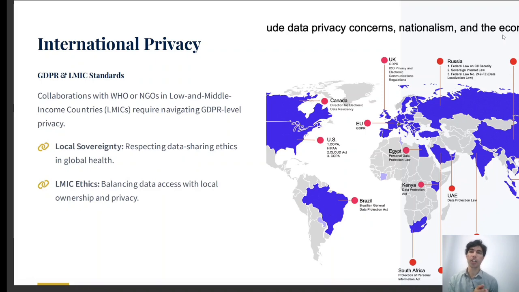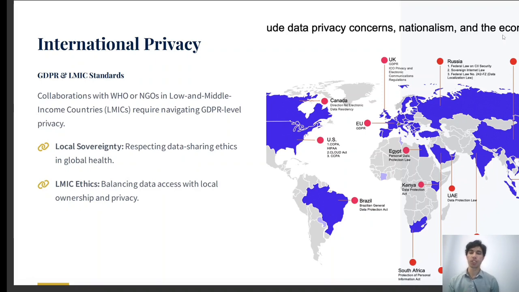Many of these countries do not have proper privacy or health protection laws in place, so organizations working there need GDPR level privacy to protect the privacy and security of local citizens.